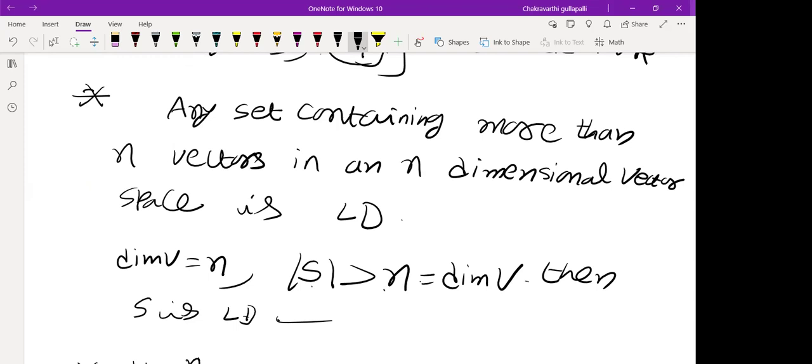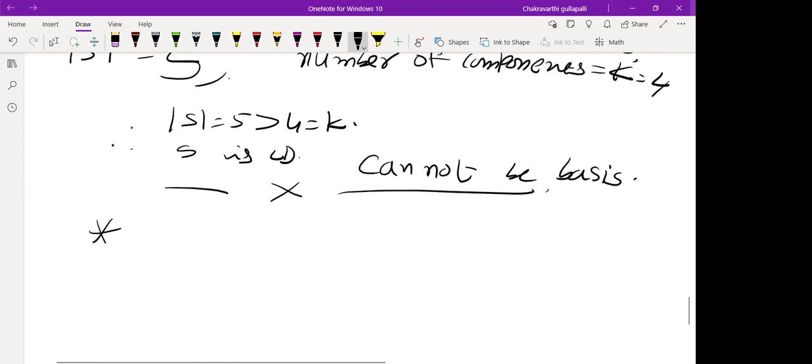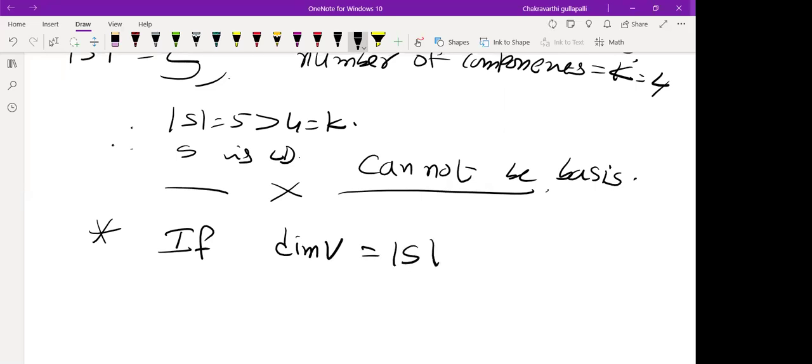So if it is equal, can you say it is a basis? That is going to be another question. So if the dimension of V is equal to the cardinality of S, earlier we stated if it is greater, it is dependent; if it is equal, and S is linearly independent, then automatically S is a basis.